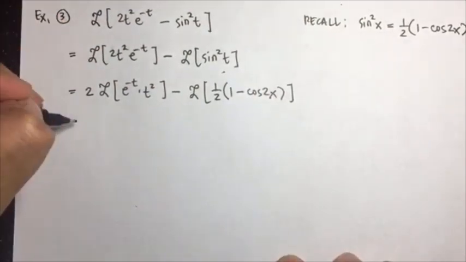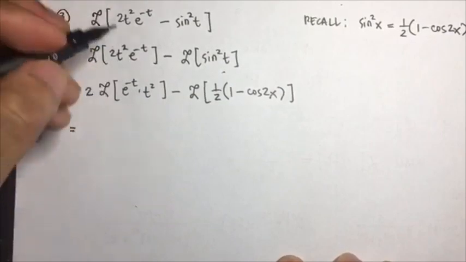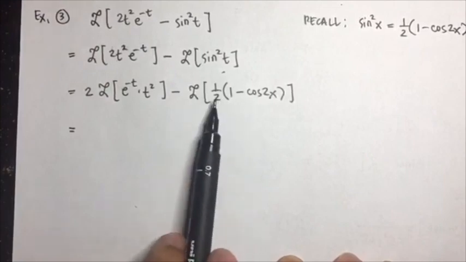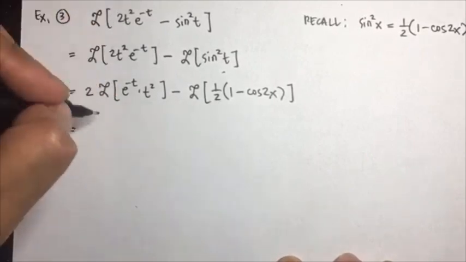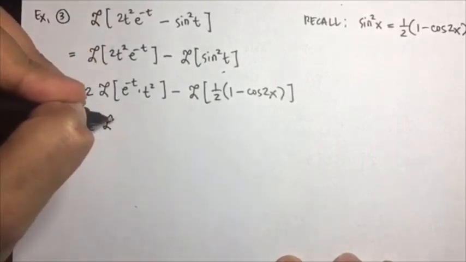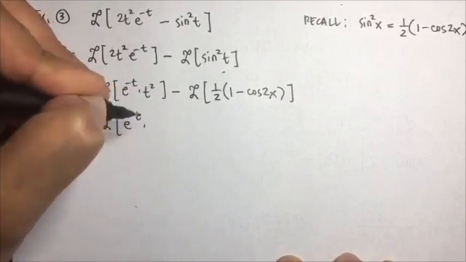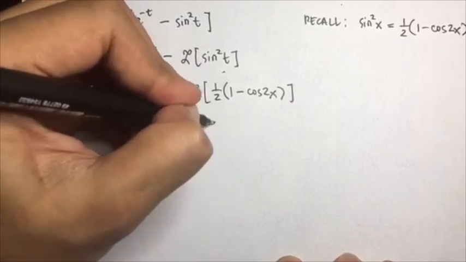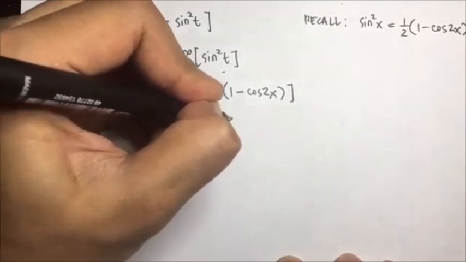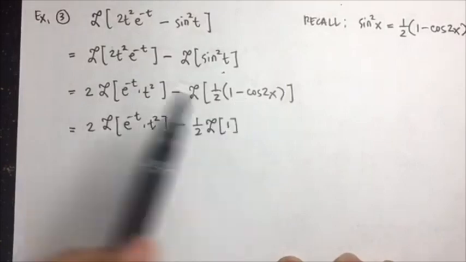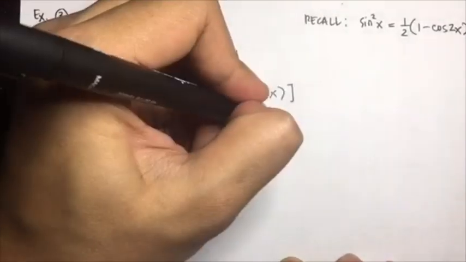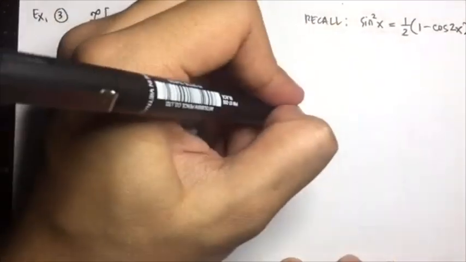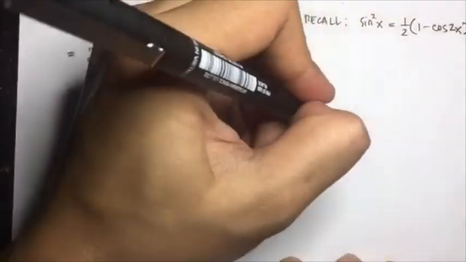Then let's copy this and distribute the 1/2 and the Laplace transform, so this will become 2 Laplace transform of e to the negative t times t squared minus 1/2 Laplace transform of 1 plus 1/2 Laplace transform of cosine of 2x.